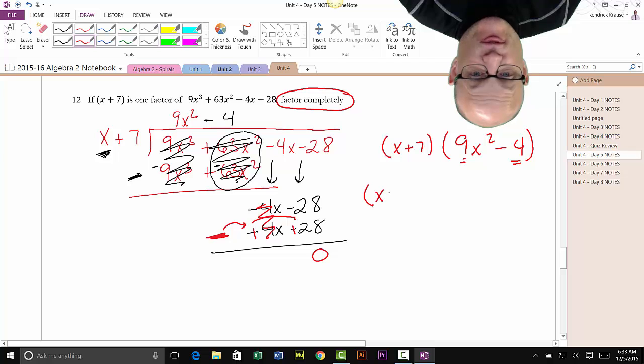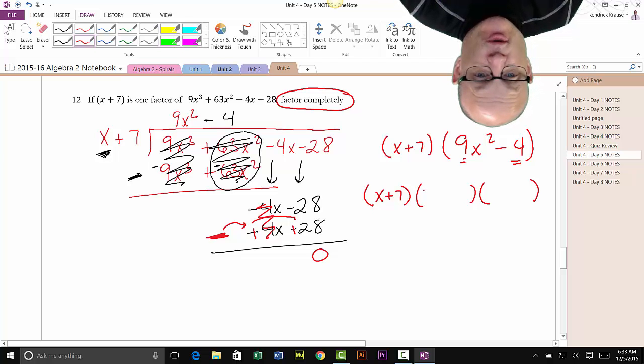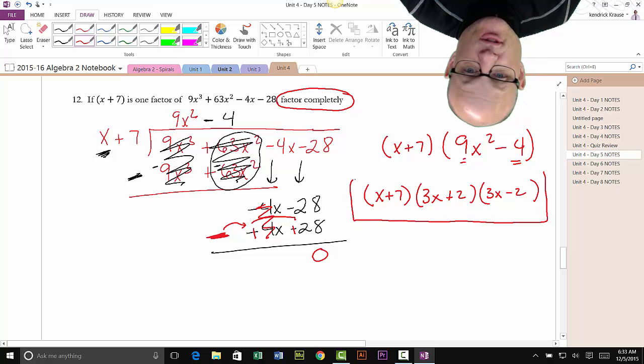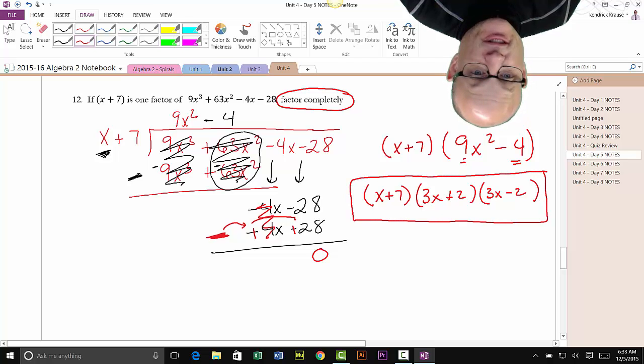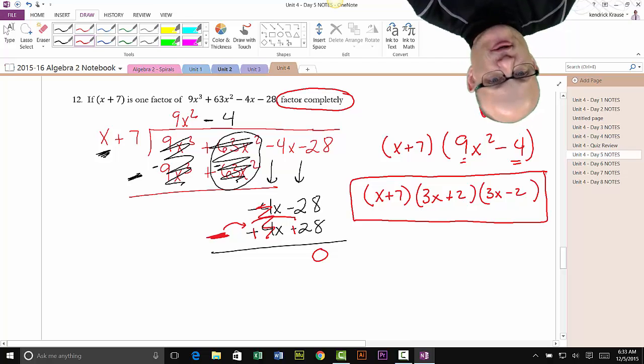So I can finish factoring this. What multiplies to the 9x squared? 3x and 3x. What multiplies to the negative 4? Plus 2 and minus 2. It didn't ask for the other roots. It asked you to factor it completely. And there it is, factored completely.